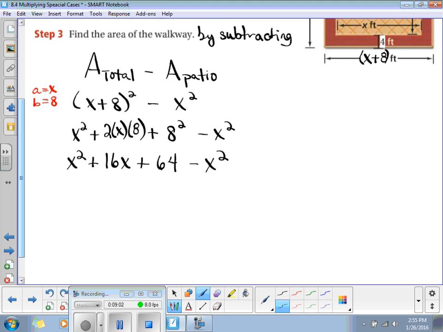X squared minus x squared, what happens to those? They cancel out. So our final answer then is 16x plus 64. And since this is area, this is going to be what? Square what? Very good.